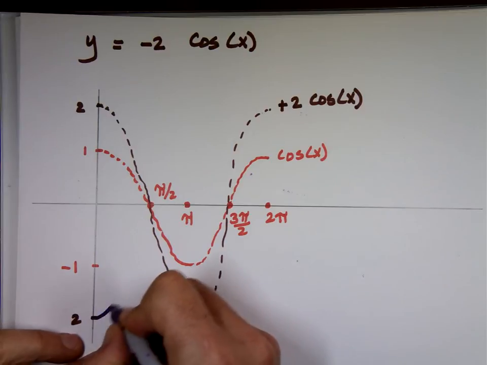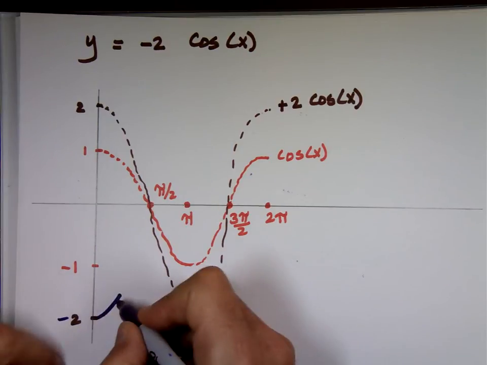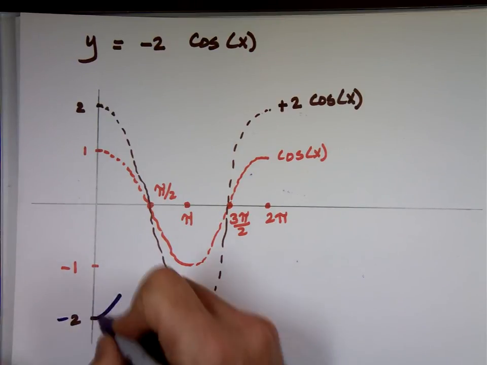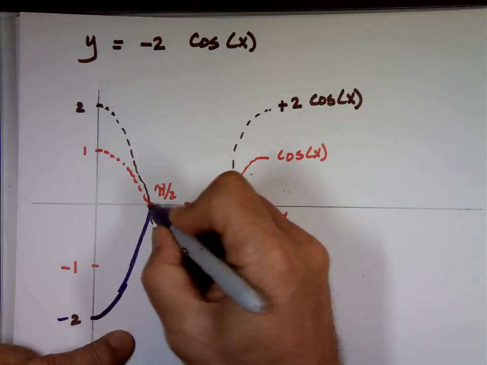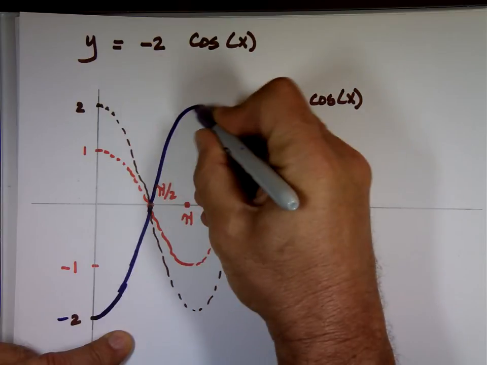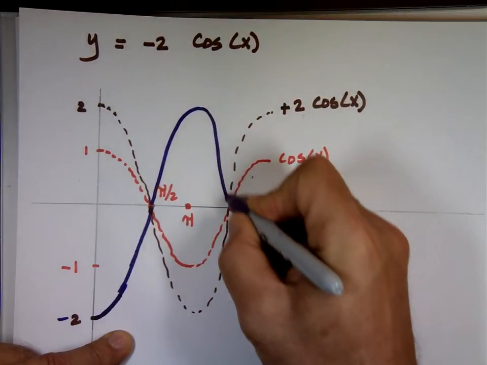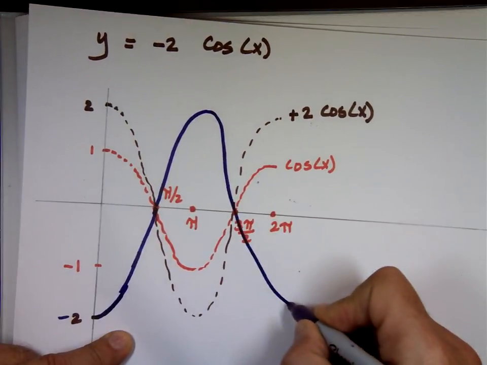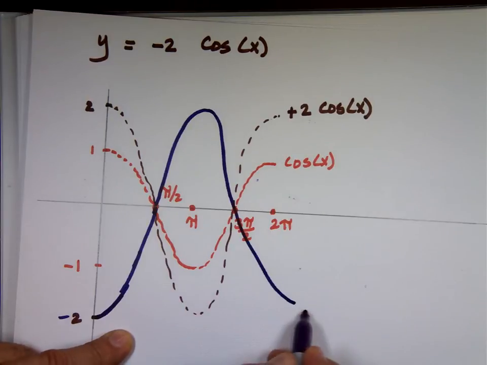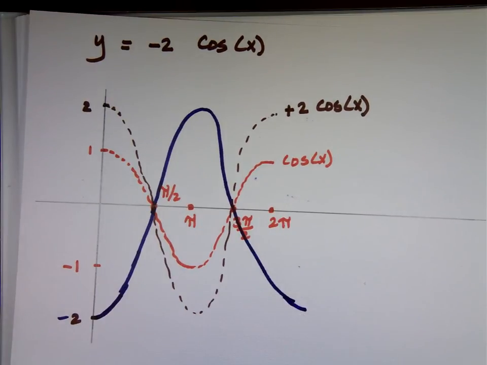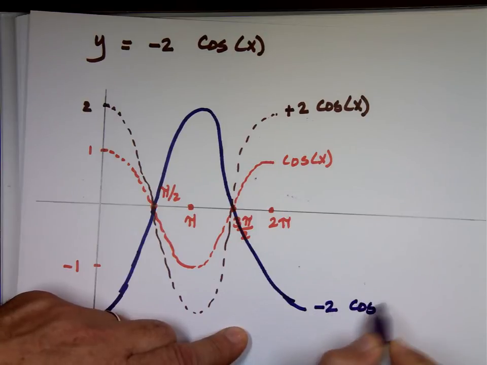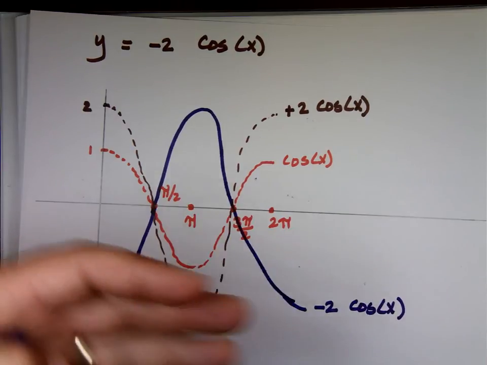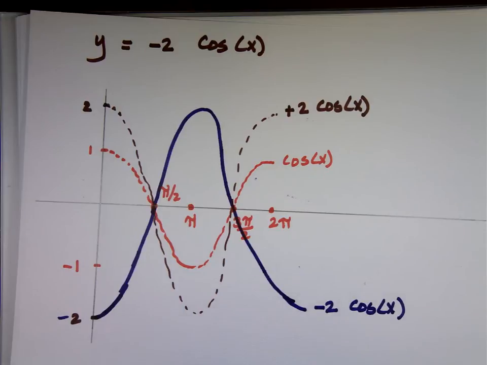That's the minus, you see? So that's actually the minus 2 cosine of x. That's what the minus sign does. It takes the graph, the plus becomes a minus, the minus becomes a plus. Flips it completely, like you're looking at your mirror.